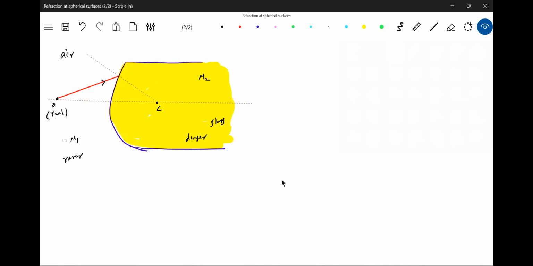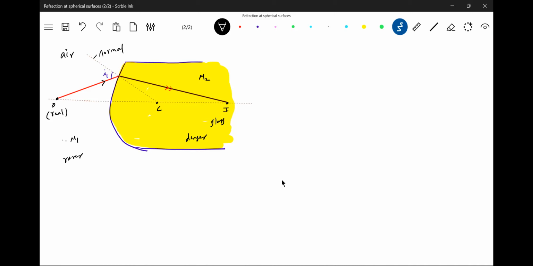Now let I1 be the angle of incidence. Then we'll go for the corresponding angle of refraction. Now the refracted ray will undergo refraction. Let it meet the axis somewhere at this particular point, let it be I. And this particular thing is the normal.